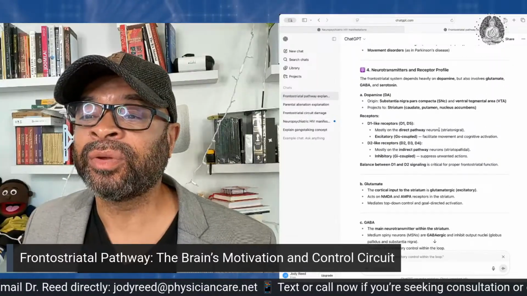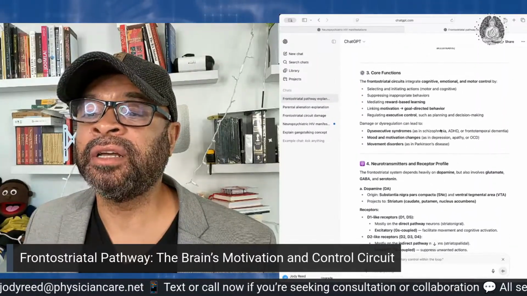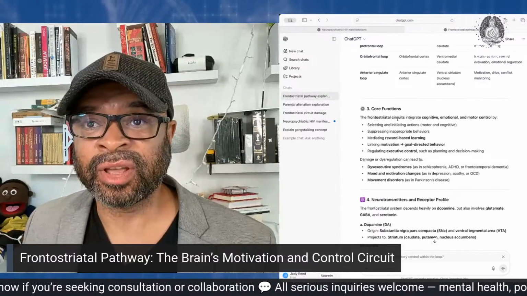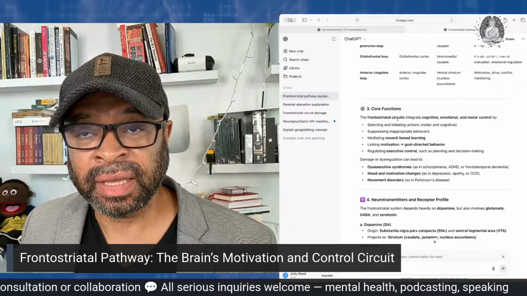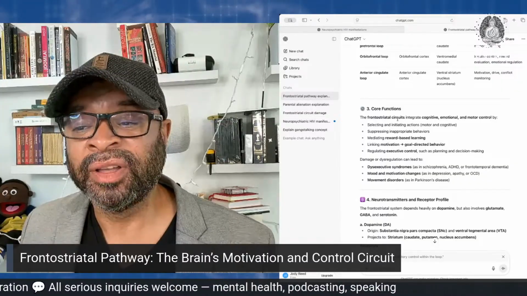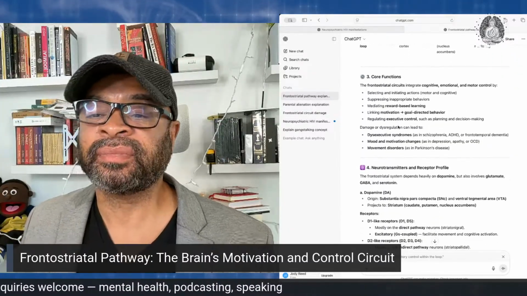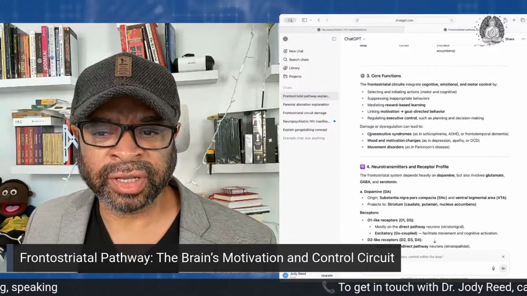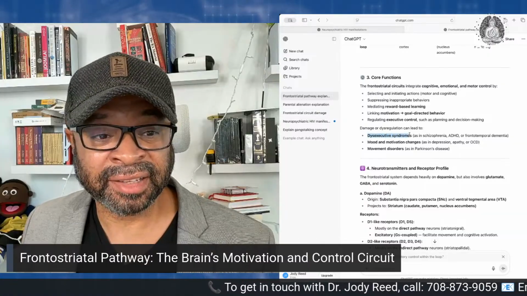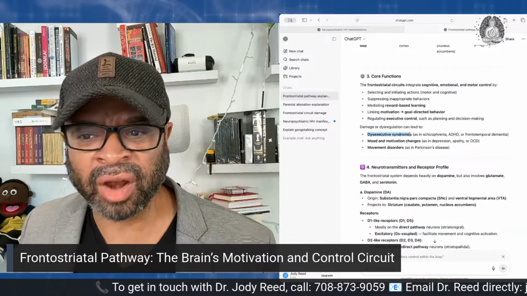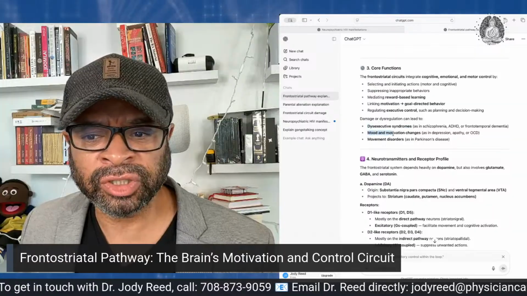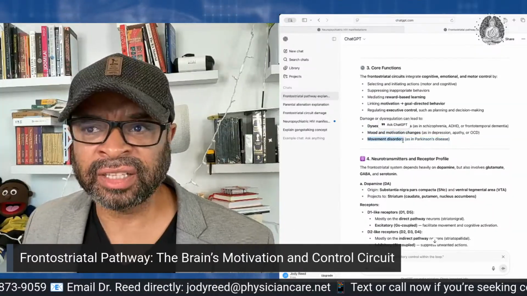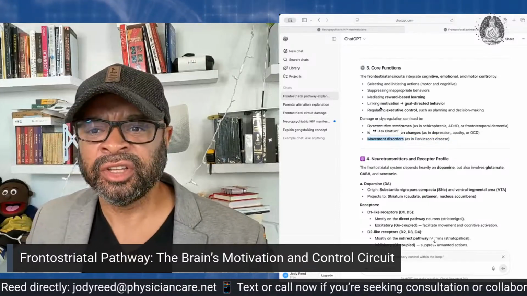Remember, we're talking about these frontostriatal circuits, and the main neurotransmitter is GABA, and GABA is the target of alcohol. So alcohol impairs the frontal striatal circuits, and you get the executive dysfunction symptoms. Like, why did you do that? I don't understand that. You get the mood disturbances and motivational changes, and then you get the movement issues like severe agitation and combative, aggressive behavior.